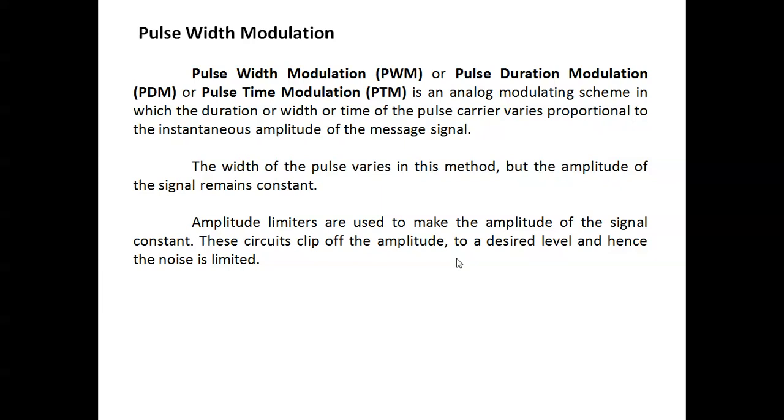So then pulse width modulation, or pulse duration modulation, or pulse time modulation. It is the analog modulation scheme in which the duration, width, or time of the pulse carrier varies in accordance with the instantaneous amplitude of the message signal.